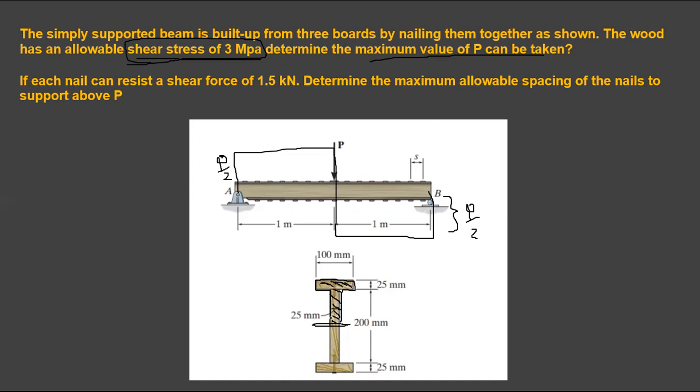So this gives you the Q value. So your Q value would be what? Sorry, we have to first calculate the I value, since this is an I section. So how to calculate the I value?